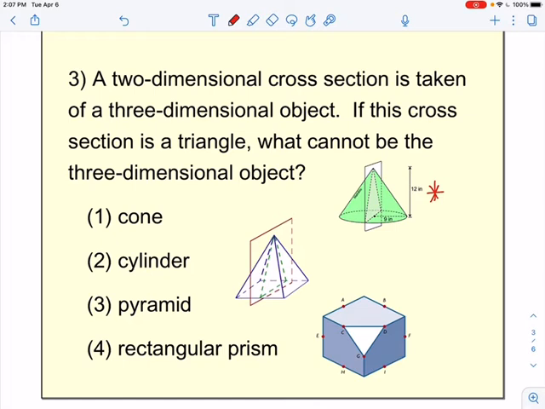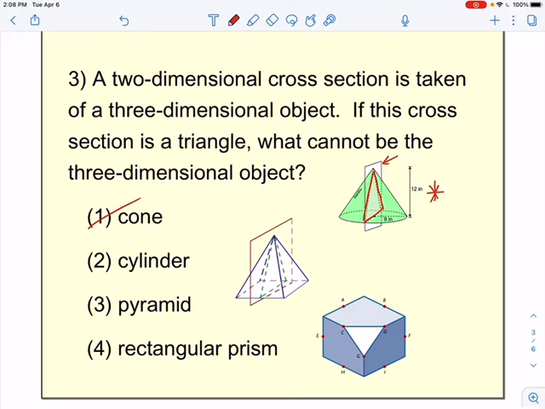If you were to take the cross-section of that, you can see this piece of paper, which is acting as the knife, is cutting it, and then the gray part that they have highlighted in here is the cross-section, and that cross-section is a triangle. It's asking you which one would not be a triangle? So it is not that one.